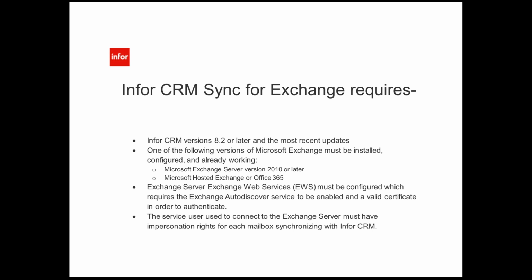What do you have to do to get it to work on Exchange? You would have to make sure that the EWS, or Exchange Web Services, is turned on and configured on your Exchange server. And you have to have the Auto Discover service turned on. And Auto Discover means that all I have to do is put my email in, and it will go find the server hosting my email in the world of the internet for me and say, oh, okay, Scott, I found you.